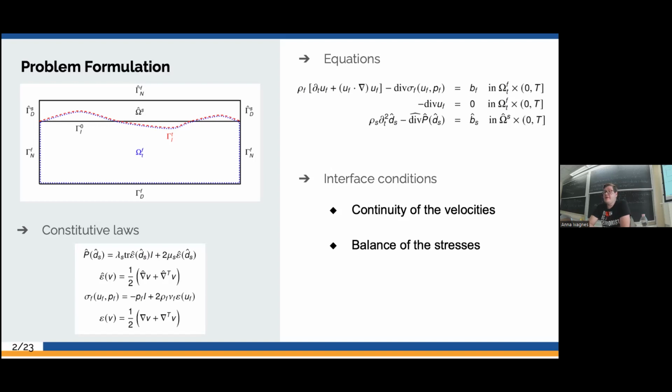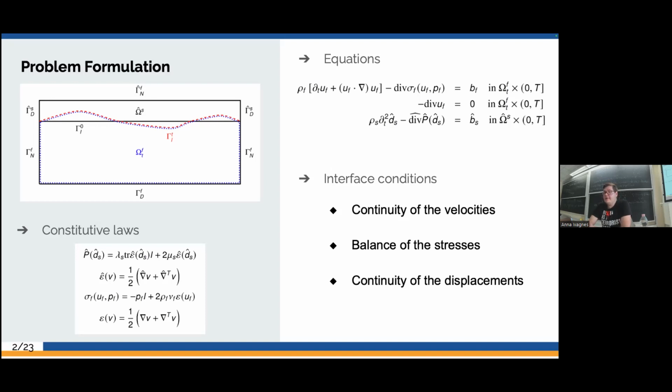Then we have the balance of stresses. This is the classical action-reaction principle, which states that the normal fluxes on the interface are equal. And then we have a continuity of the displacement, which is a geometrical condition, and states that the fluid domain and the structure domain do not overlap over time.